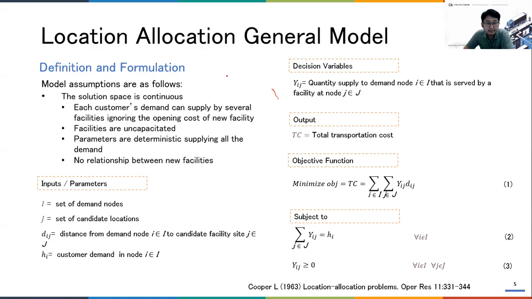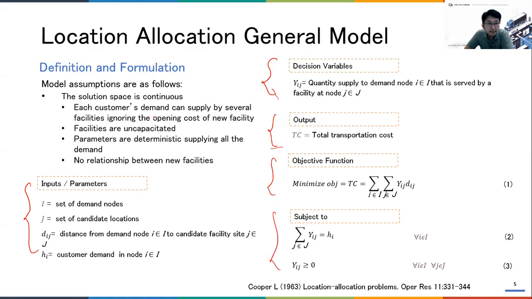For mathematical optimization problems, normally you need to break down the mathematical model into at least 5 parts. First, you need to formulate what will be the input, what will be the parameters, and then what will be the decision variable, what will be the output, and then the objective and the constraint.